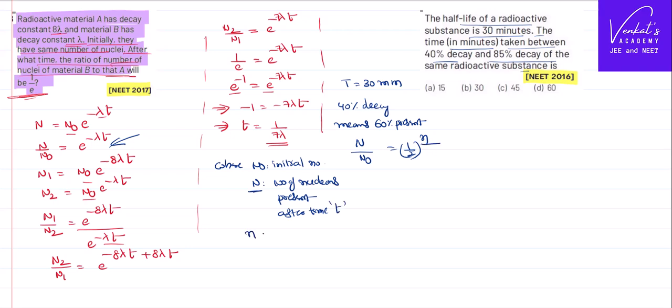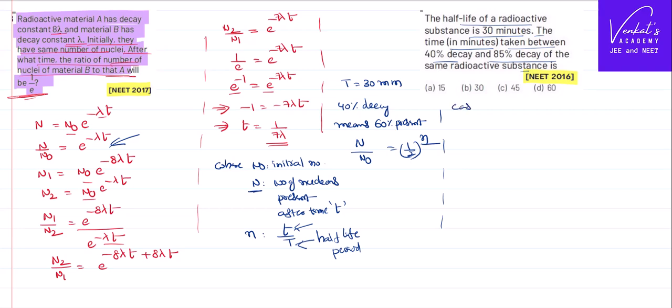Be careful, this small n is actually small t by capital T. Small t is the time after which you are trying to calculate, and capital T is the half-life period. That's a basic understanding. Once you know it, I can use this formula.